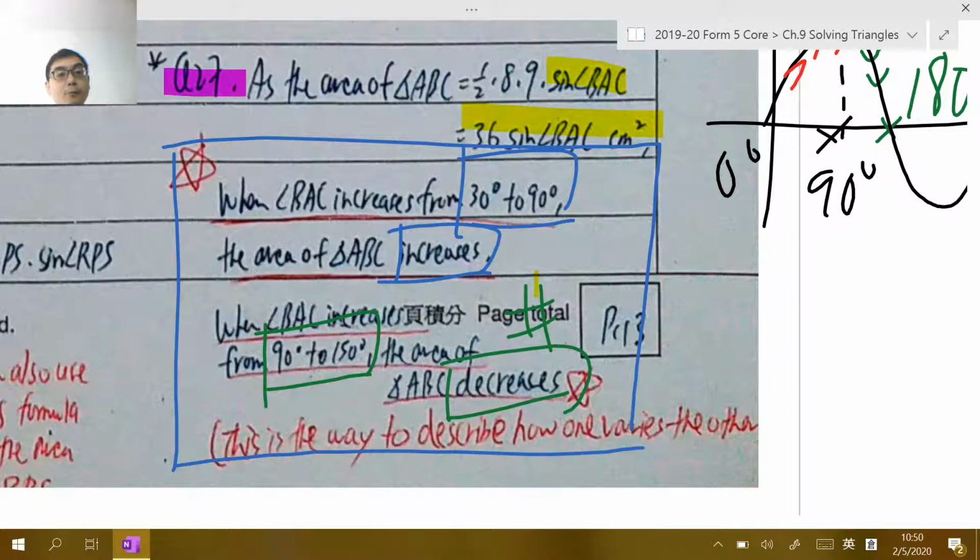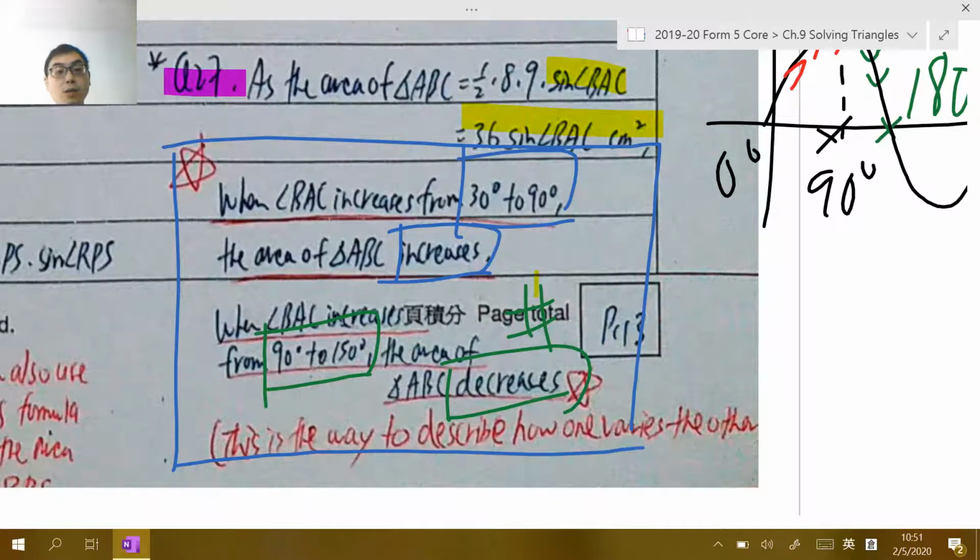Some of you may write more, saying the maximum area is at 90 degrees, and also show the maximum area. It is very good, but really not necessary in DSE, because when we ask you to describe the change of the area, you just need to highlight the change only, and you don't need to say when the area is maximum or minimum.